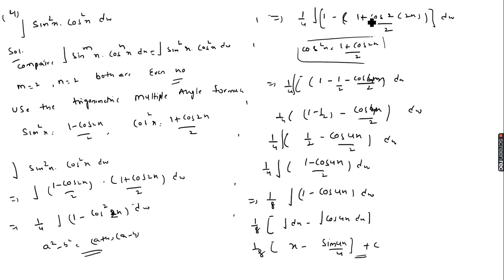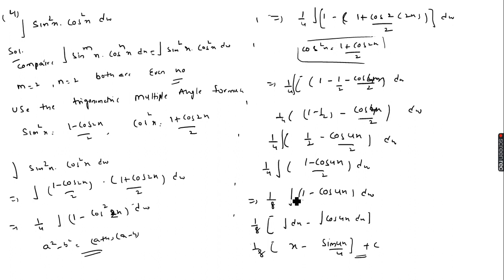So therefore separate this 1, that is 1 minus 1 by 2 minus 2 into 2, 4, cos 4x by 2. 1 minus 1 by 2 is nothing but 1 by 2 minus cos 4x by 2. Here the 2 is the LCM. We get 1 minus cos 4x by 2, and 2 can be taken outside of this integral.